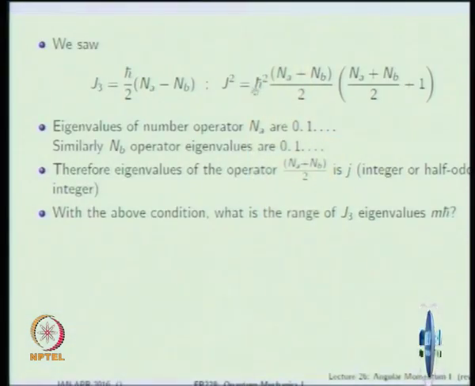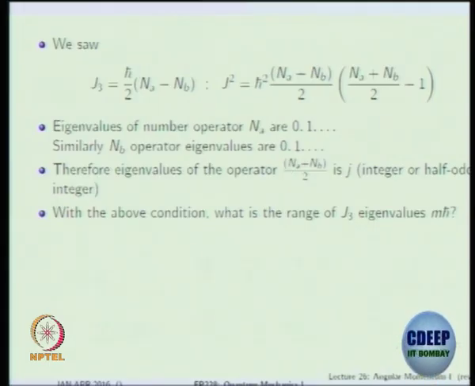What is the eigenvalue of J squared? It is h cross squared j into j plus 1, which is exactly what you have studied. And the range of m comes naturally. It goes from minus j to plus j. So m explicitly is half the difference between the two number operators, and similarly the j in the J squared eigenvalue is half the sum of the number operators.